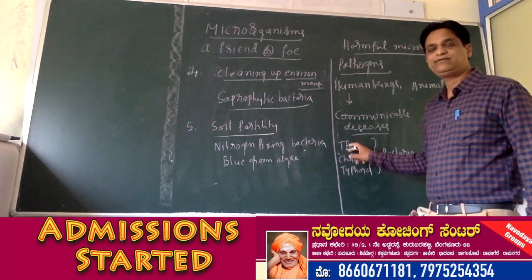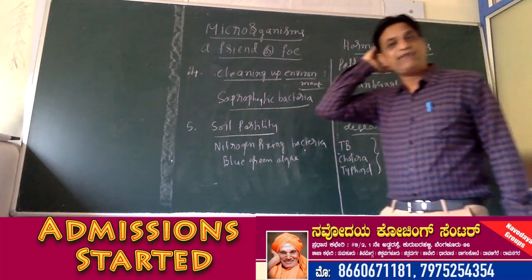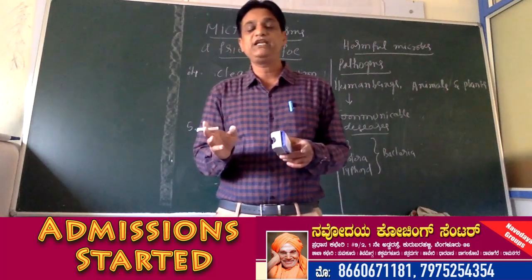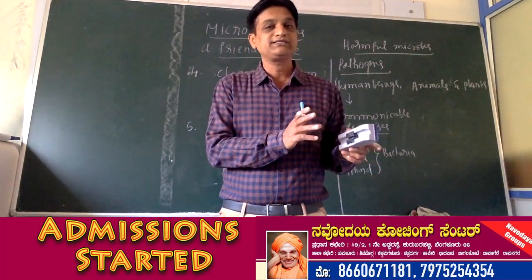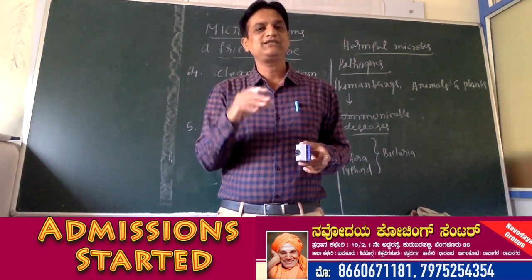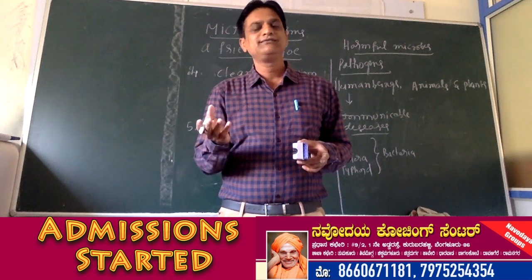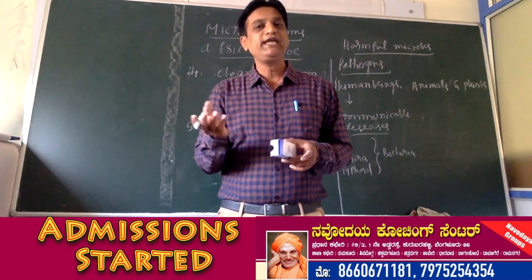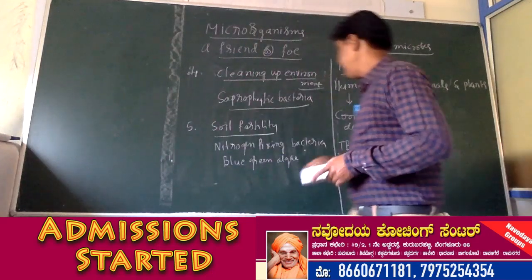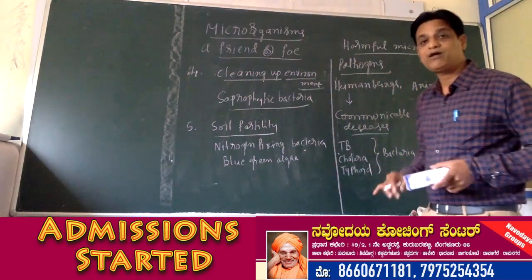See, TB is a bacterial disease which can transmit from an infected person to a healthy person through air. So diseases which are transmitted through air are called airborne diseases. So TB is an example of airborne diseases.